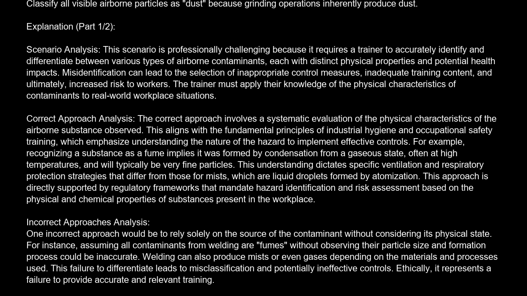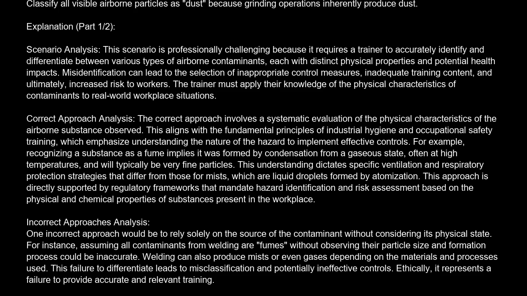Correct approach analysis. The correct approach involves a systematic evaluation of the physical characteristics of the airborne substance observed. This aligns with the fundamental principles of industrial hygiene and occupational safety training, which emphasize understanding the nature of the hazard to implement effective controls. For example, recognizing a substance as a fume implies it was formed by condensation from a gaseous state, often at high temperatures, and will typically be very fine particles.